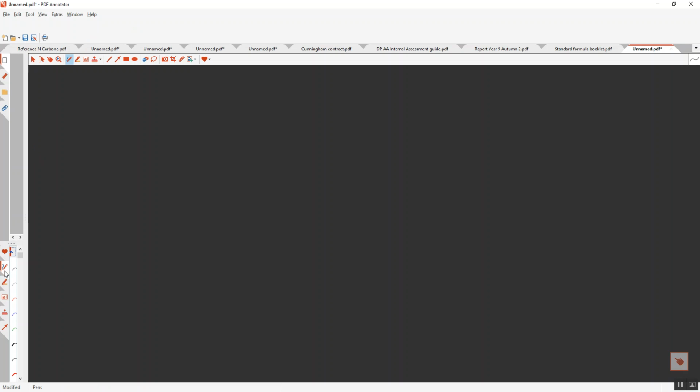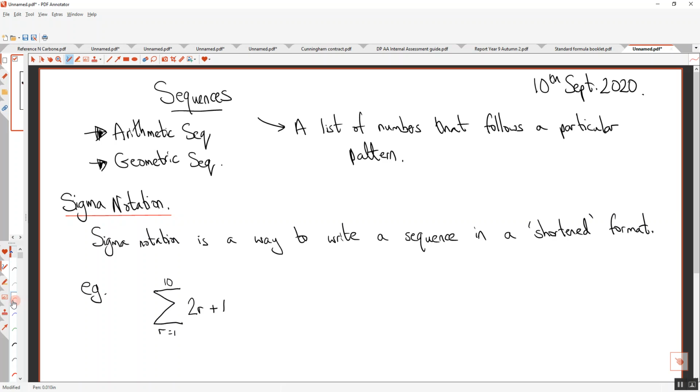Let me just write in a few little bits of information. So sigma means the sum of. We start at this value, r equals 1, and you end at r equals 10, okay?